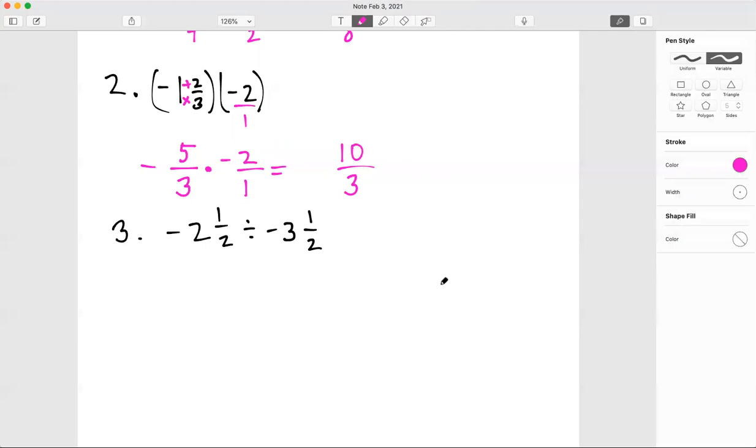So first, we have to write these as improper fractions with the method I taught you right above.